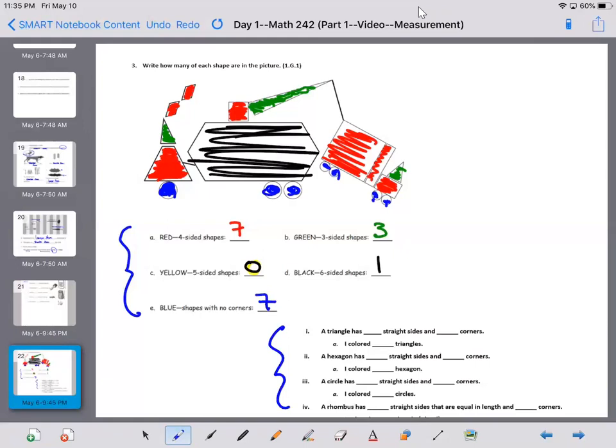So a triangle has 3 straight sides and 3 corners, and we colored 3 triangles. A hexagon is going to have 6 straight sides and 6 corners, and that's what we saw here. And we colored one of those. And a circle has 0 straight sides and 0 corners, but we colored 7 of those.